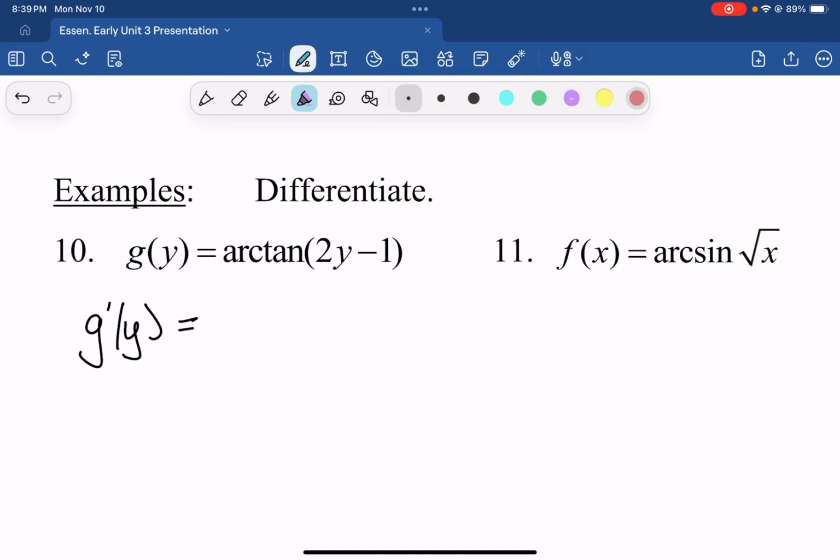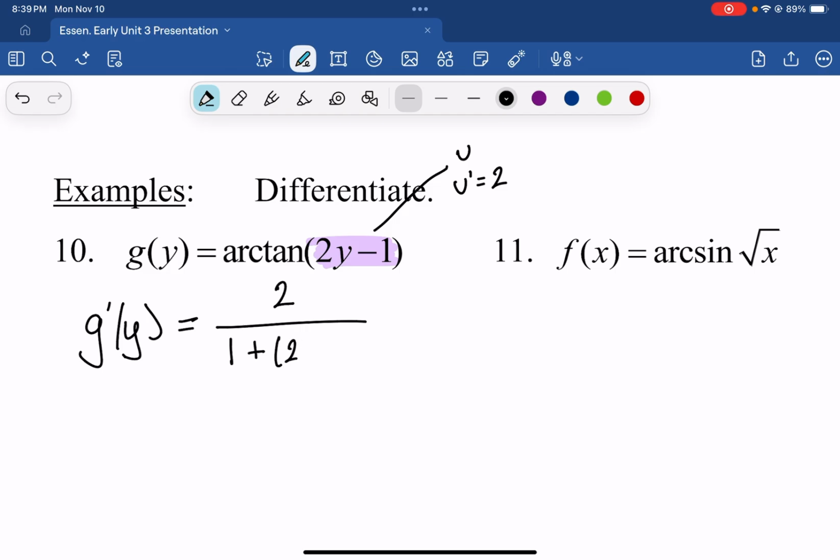Okay. So that's my u. So my u prime is going to be a 2. So it's u prime over 1 plus u squared.